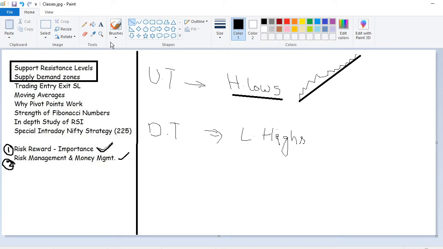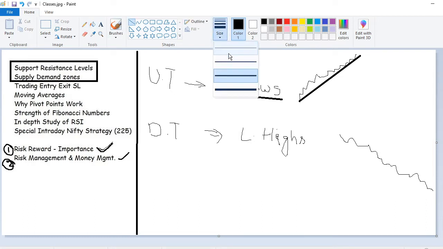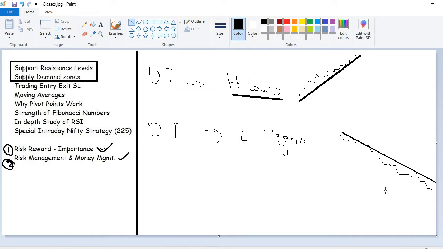If you are drawing a trend line for a downtrend stock, which is making lower highs and lower lows, now you need to join lower highs. That means it will be on the higher side. So we try to find where the resistance is.